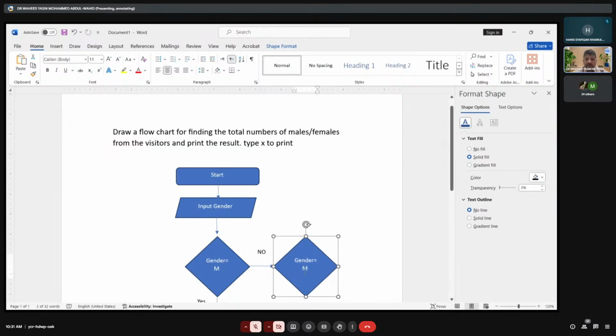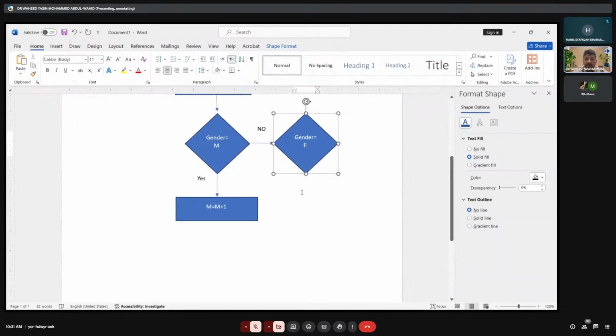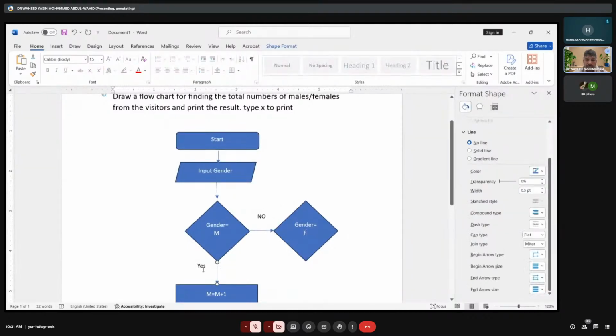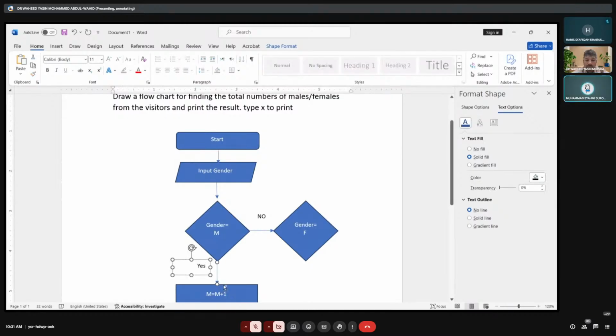Gender equal F means female. What do I have to do? F equal F plus 1.